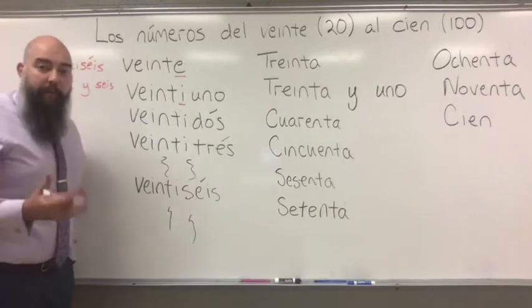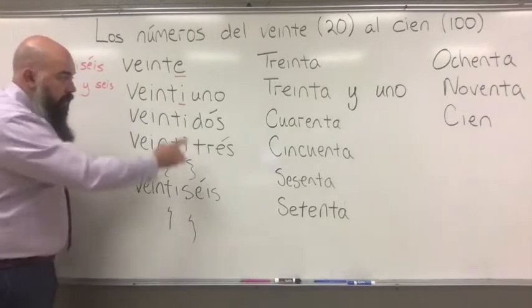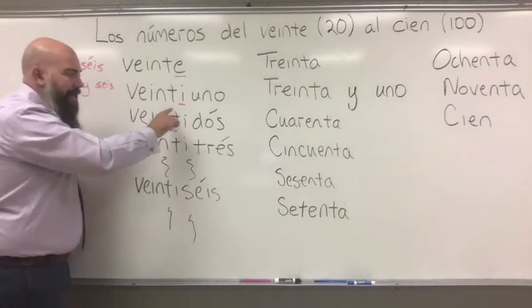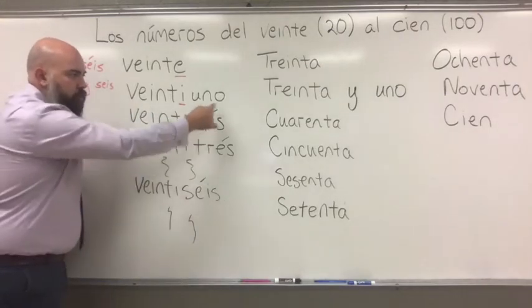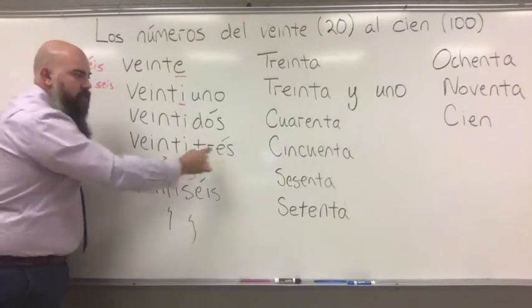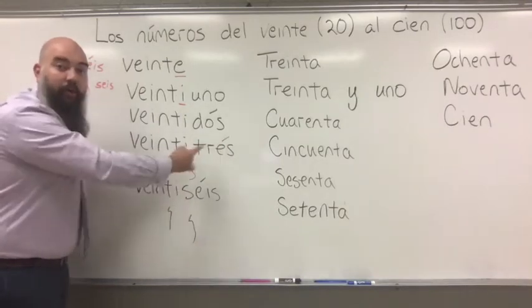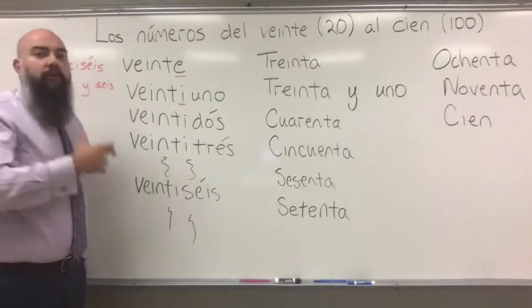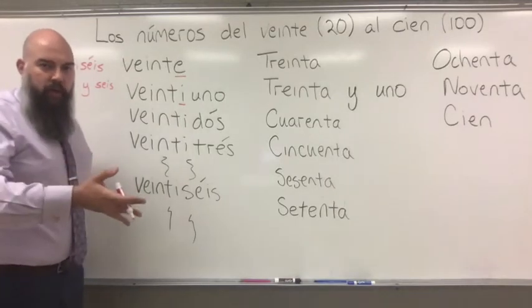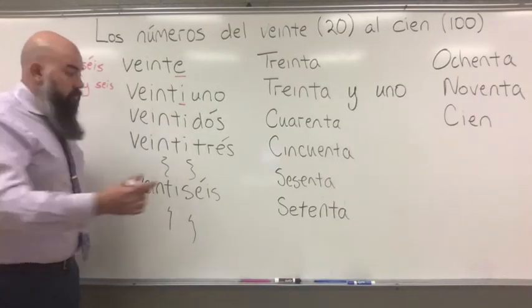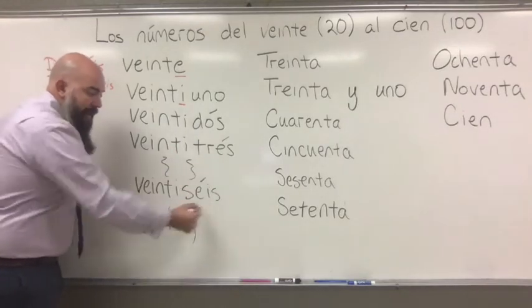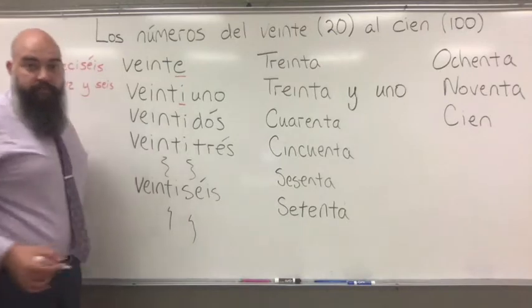The reason I put that there is because these three, notice they have accents. It's not just 20 and then the number. You have veintidós con acento, veintitrés con acento, veintiséis con acento. The other ones in between, they're just going to have veinti and the number. So no accent at all. 24, 25, 27, 28, 29.